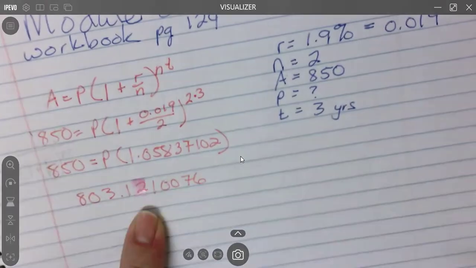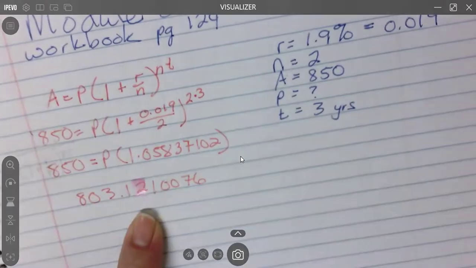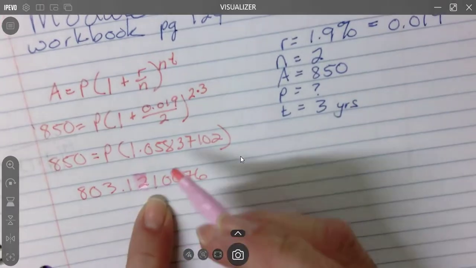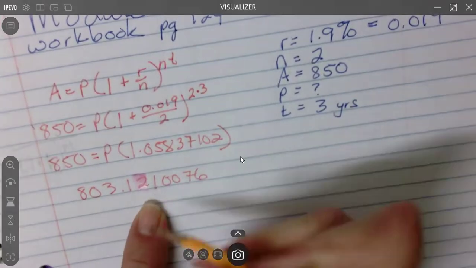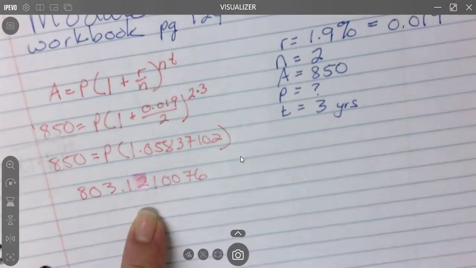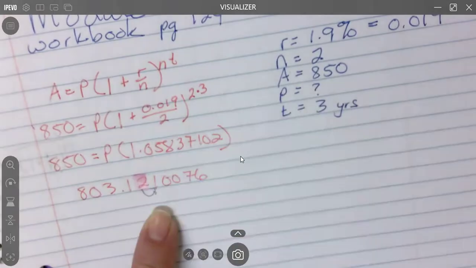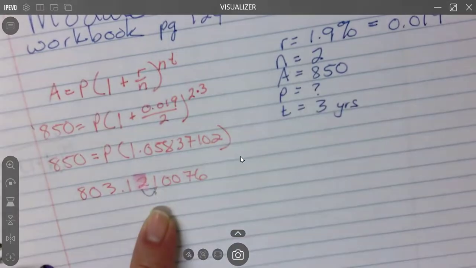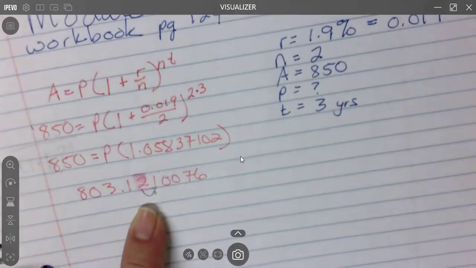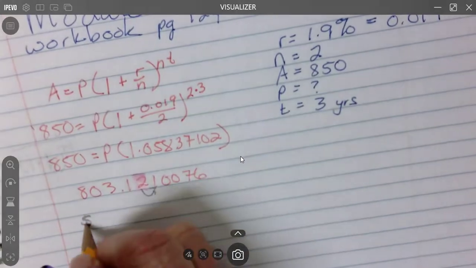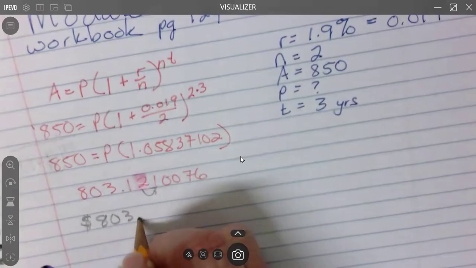Now keep in mind, if you work in big finance, with index funds, mutual funds, things like that, I believe they do go to the next place over, but we do not. We're just normal people. So we'll look at the 2, look to the right, 5 or more, up the score, 4 or less, let it rest. We're going to let it rest. So our final answer is going to be $803.12.